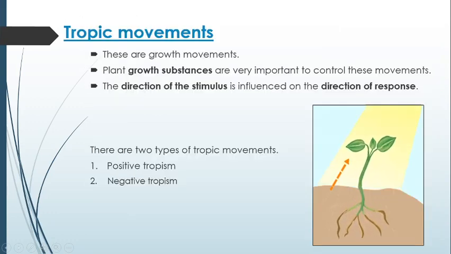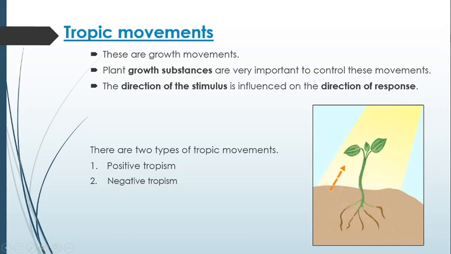So, let's discuss the tropic movements first. Tropic movements are always growth movements. Plant growth substances are very important to control this type of movement because tropic movement is growth. The direction of the stimulus influences the direction of the response.